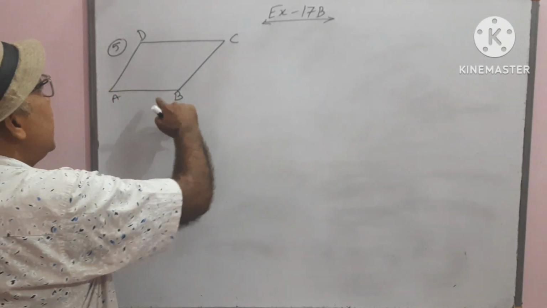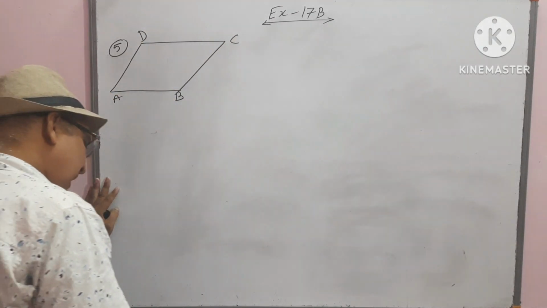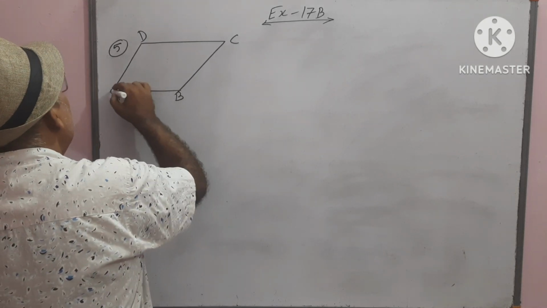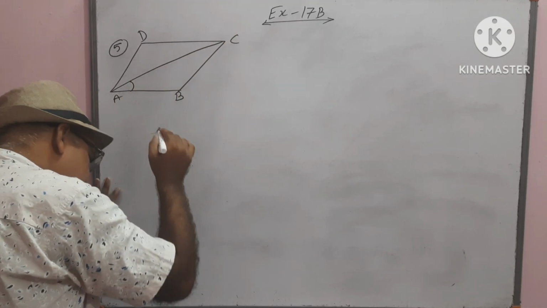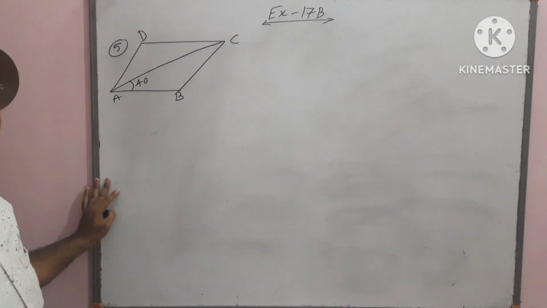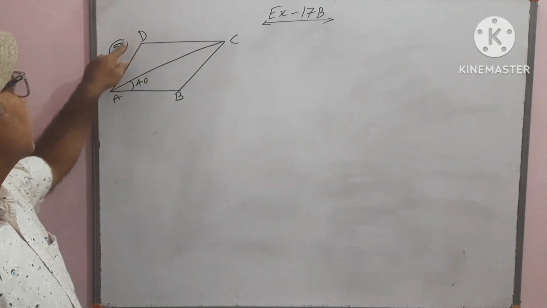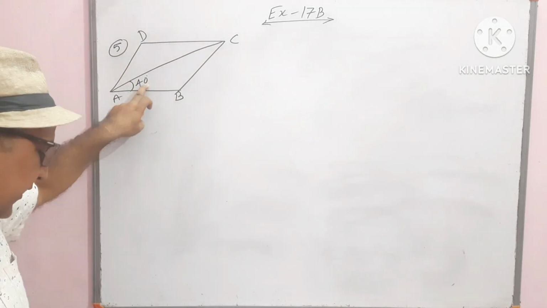So here AB, BC, CD and AD are all equal. Then it is given that angle BAC is equal to 40 degrees.